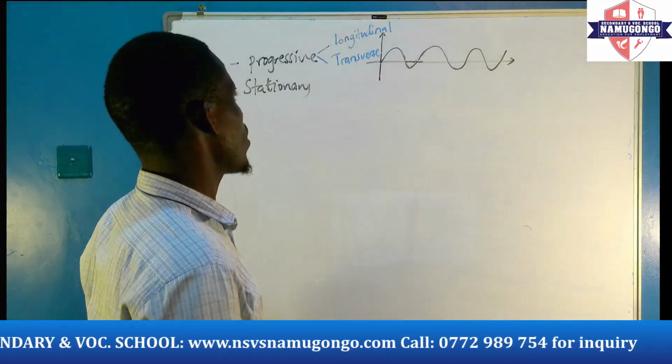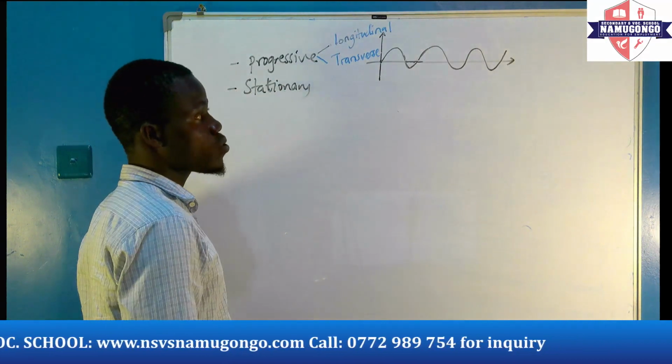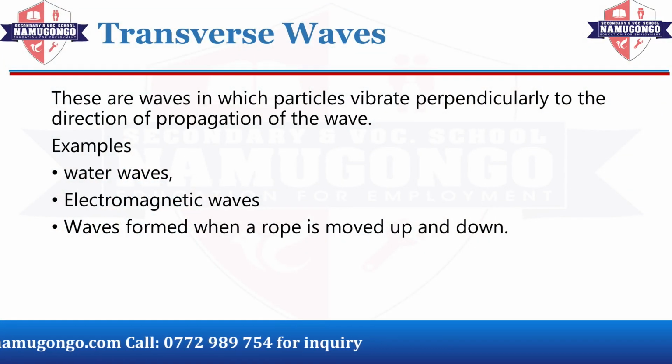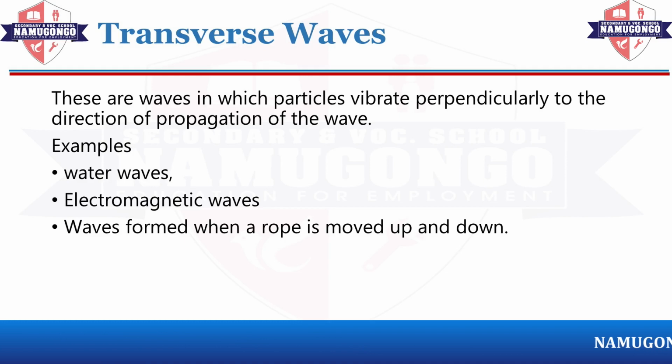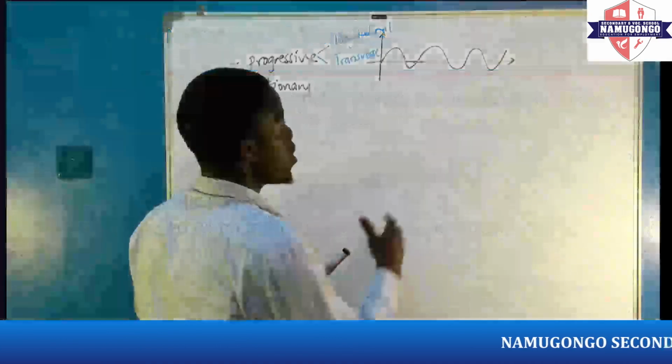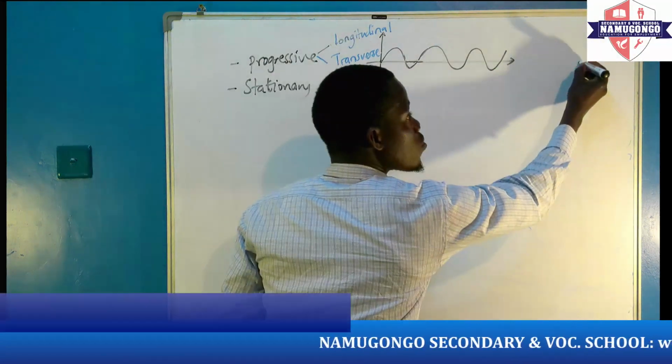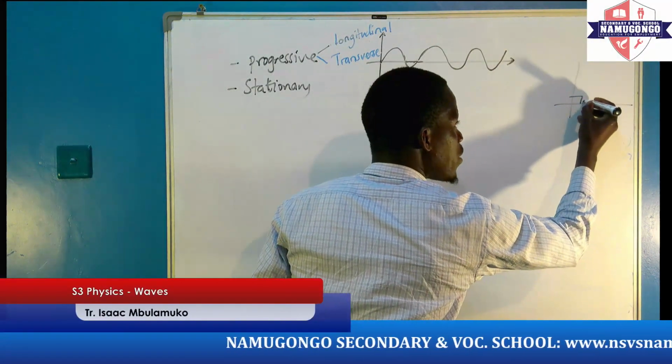A transverse wave is a wave in which the vibration is perpendicular to the direction in which the wave is traveling. What do we mean? For perpendicular lines we have to form 90 degrees.